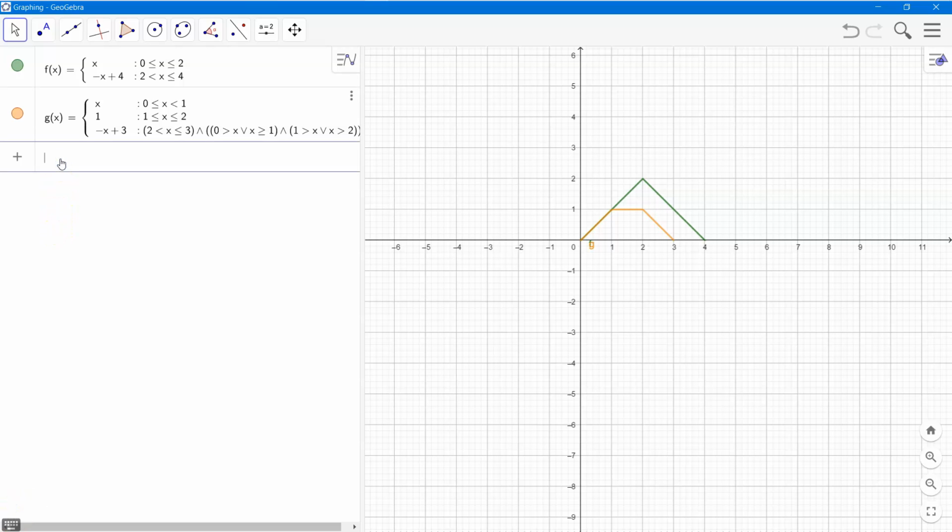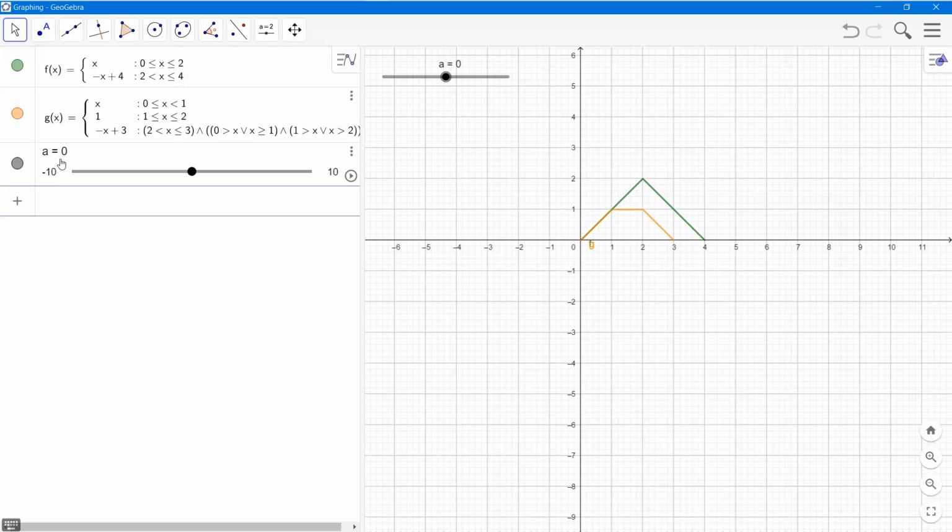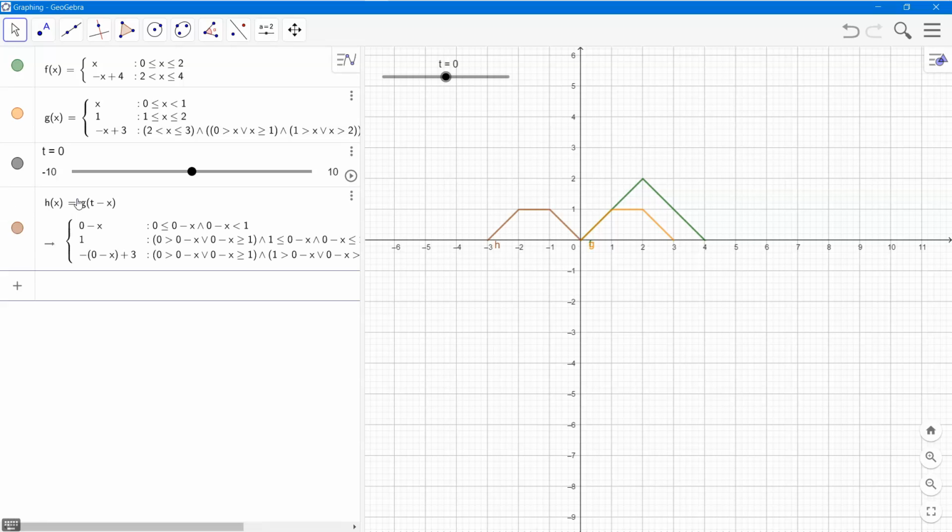So we will put a slider, minus 10 to 10 with a jump of say 0.1, and let's make it t. Now I'll say g of t minus x. See what has happened? It has got flipped to the other side.